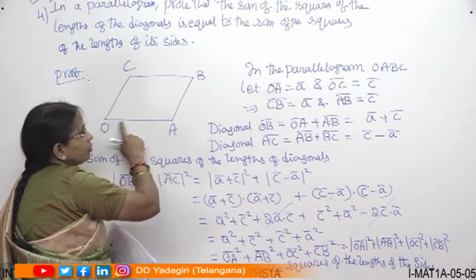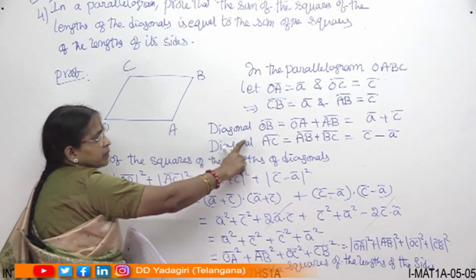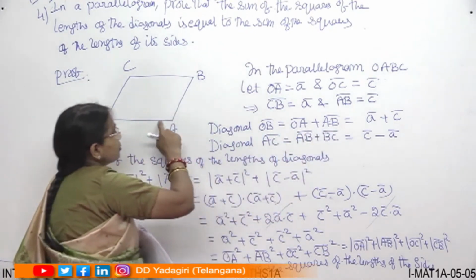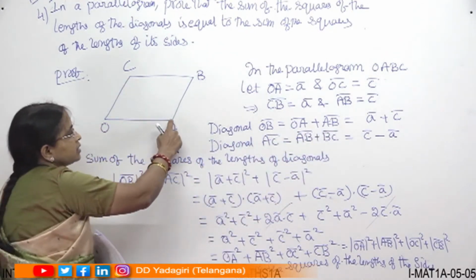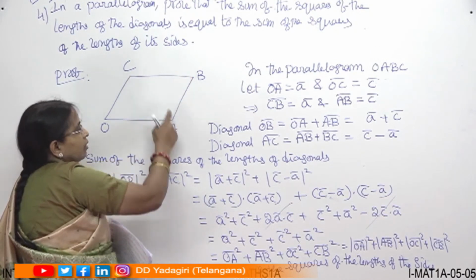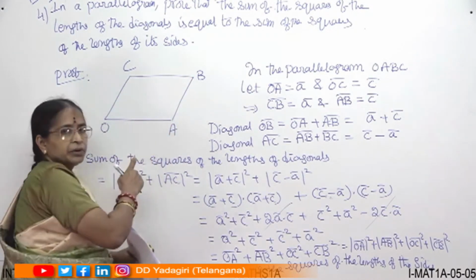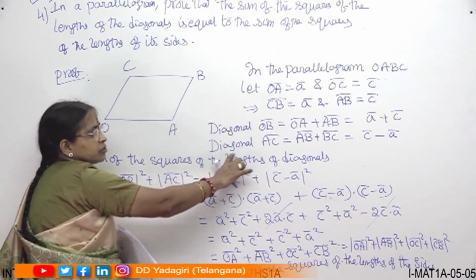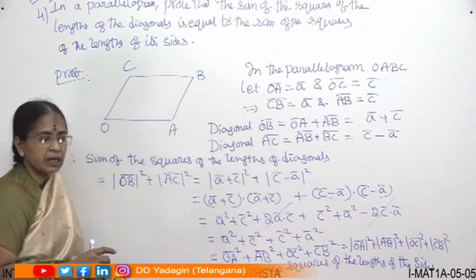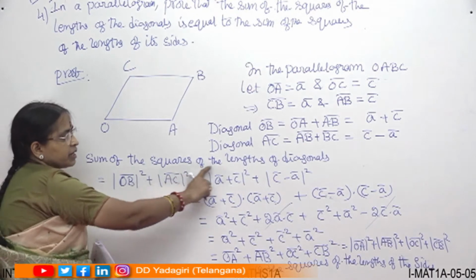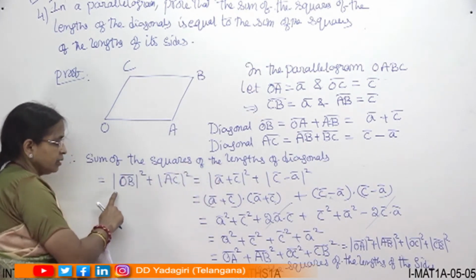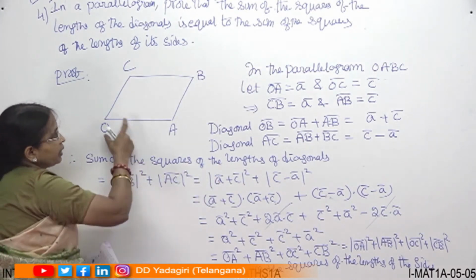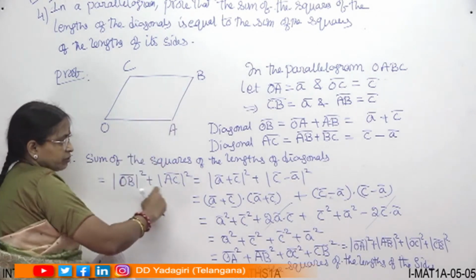Then OB is equal to OA plus AB, which is A plus C. Similarly, the diagonal AC is AB plus BC, so according to that, it is C minus A. Now the sum of the squares of the lengths of the diagonals means OB square plus AC square.